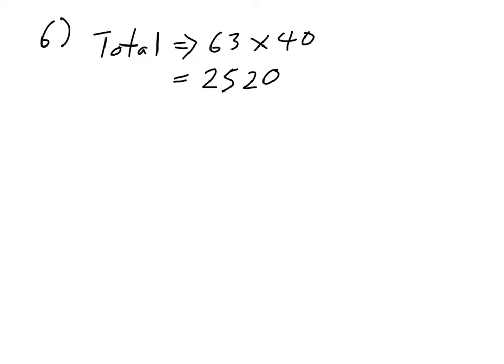Okay, next. 12 students scored below 50. Okay, so what is the minimum mean score of the students who scored 50 and above? Okay, so 12 students scored below 50.